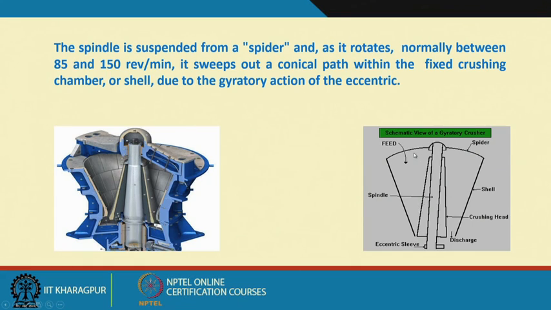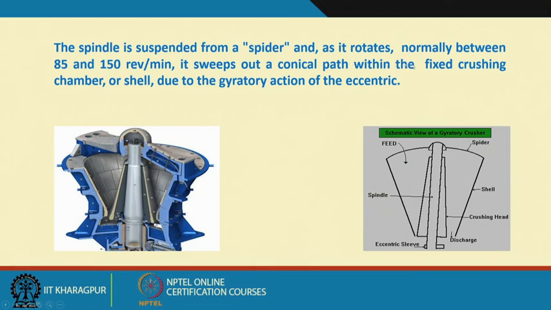Now, this is called a spider, and this is where the feed goes into this gyratory crusher, and this entire assembly is called the shell, and this is the spindle, and this is the crushing head. Then this is the discharge end, and this is the eccentric through which you are rotating.